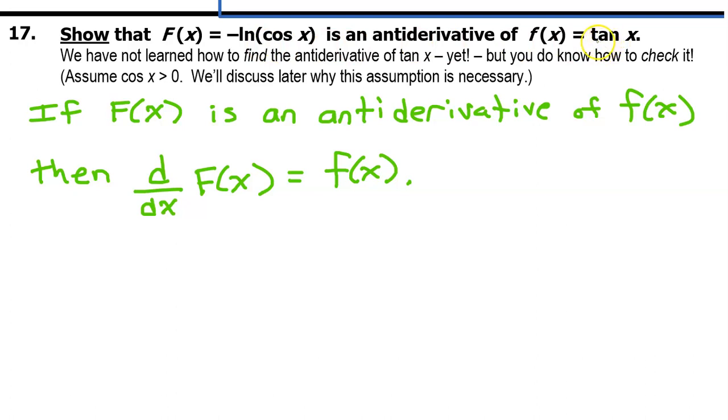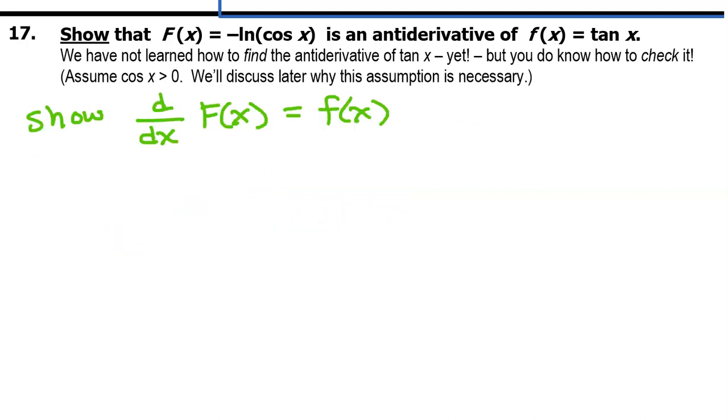But we have learned that the way you check your answer for an integral is take the derivative of the integral and you should get the original function back again. In other words, if capital F of x is an antiderivative of f of x, then the derivative of capital F of x should equal f of x.